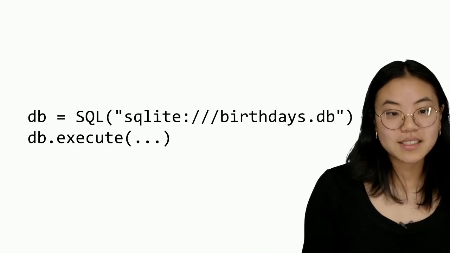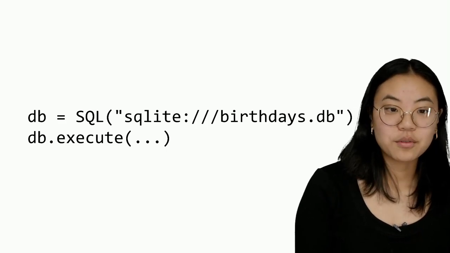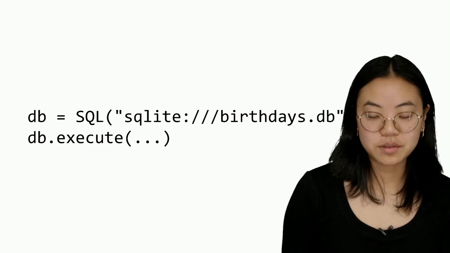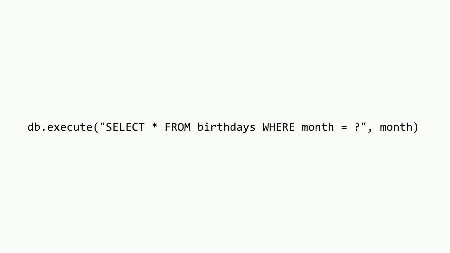And so this creates this object, this db, that you can now run db.execute on with your SQL query. So if I run db.execute select star from birthdays where month question mark equals month, what would this return?